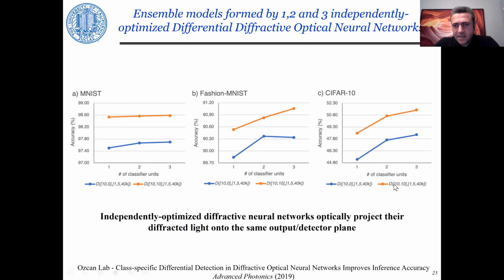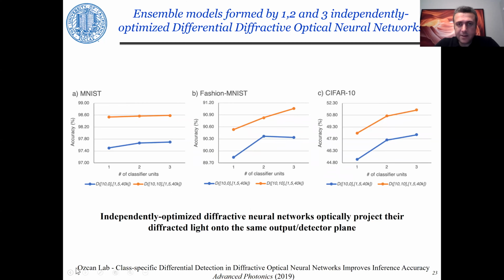What we've seen is that with the differential scheme, the orange curves here, we can benefit significantly from this ensemble of three classifiers, in this case, for example, to hit more than 51% for CIFAR-10.